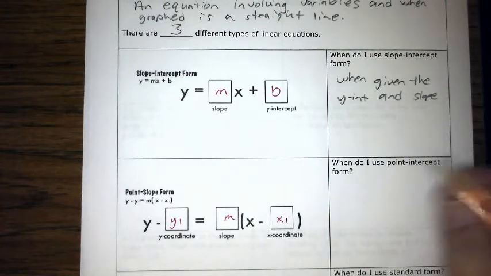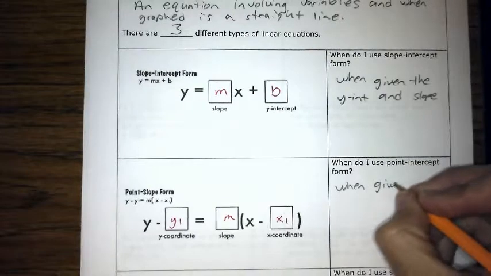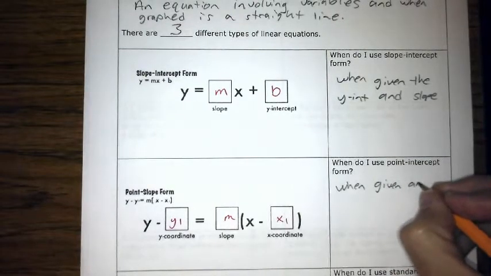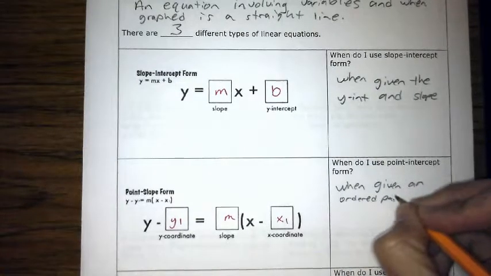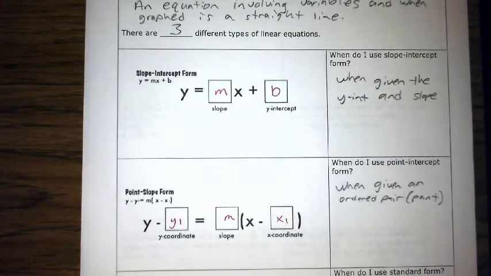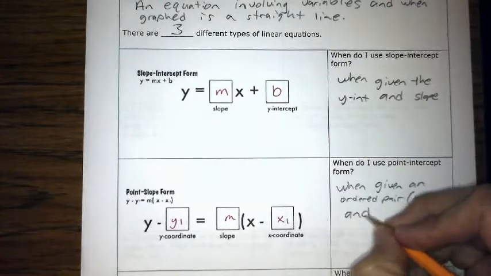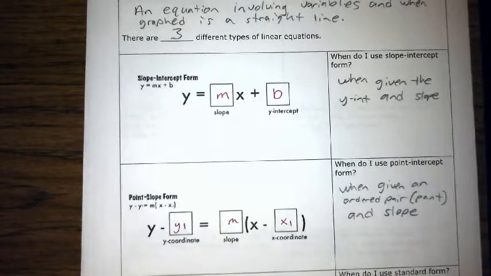And you guys use this when you're given an ordered pair, which is just a fancy way of saying a point, right? And the slope, which is why it's called the point slope form. Very original.